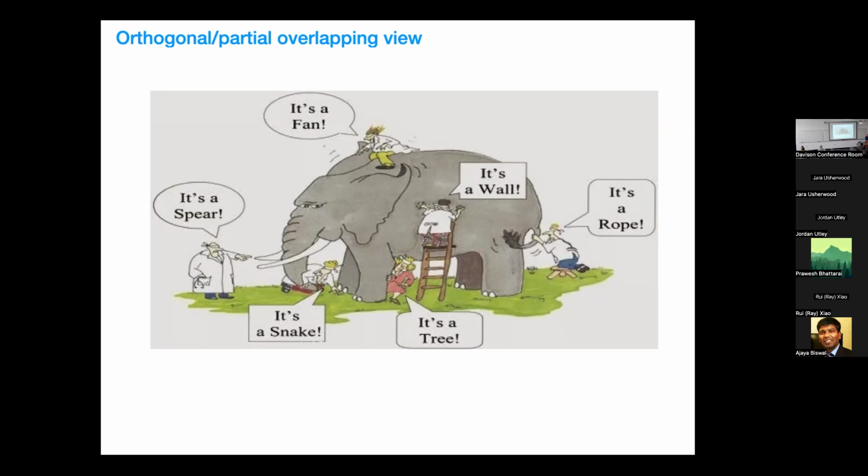In a similar flavor, what each of these persons is seeing is basically an orthogonal or partially overlapping view of the same system, that is, this particular object. We can relate it to omics data sets or multimodal data sets in medical research. All of the different omics components, the EHR data, or the medical records data try to give us some information.